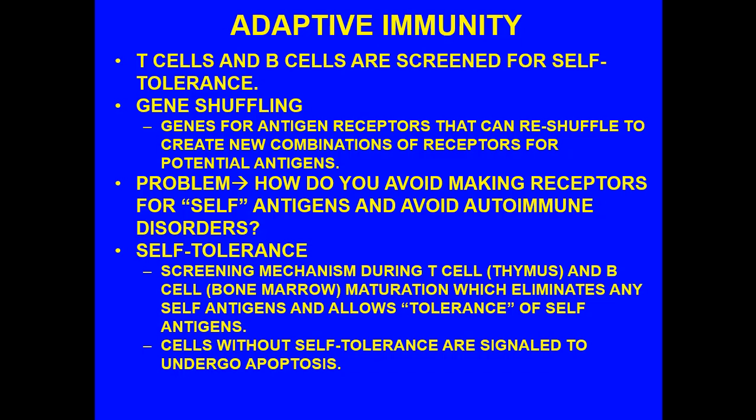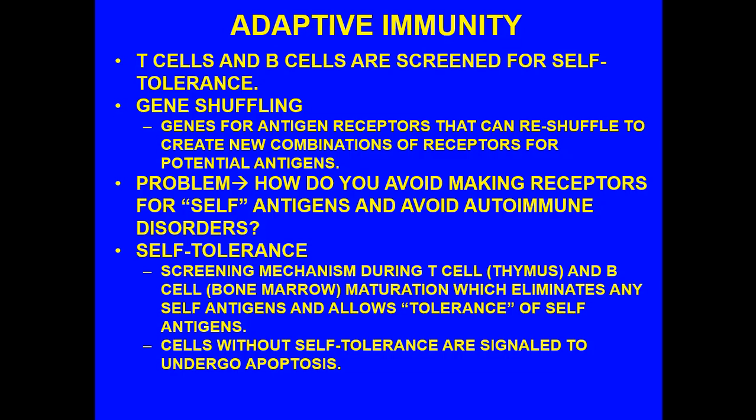Yeah, you do. And if they went haywire, you'd have an autoimmune disorder. So what you have to do is avoid cells making receptors targeted for self-antigens. And this is how you instill, through this filtering process, self-tolerance.